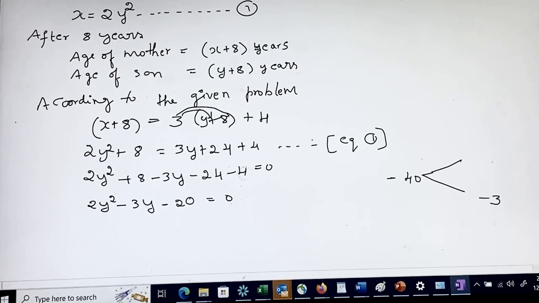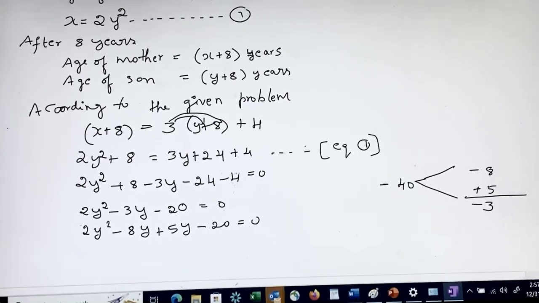Those are minus 8 and plus 5. If you multiply minus 8 and plus 5, you get minus 40, and if you add them, you get minus 3. So instead of minus 3y, we replace it with minus 8y plus 5y. That is 2y square minus 8y plus 5y minus 20 is equal to 0.